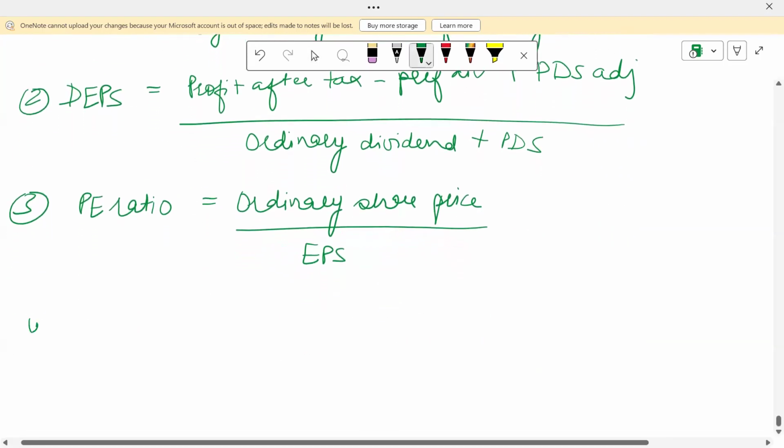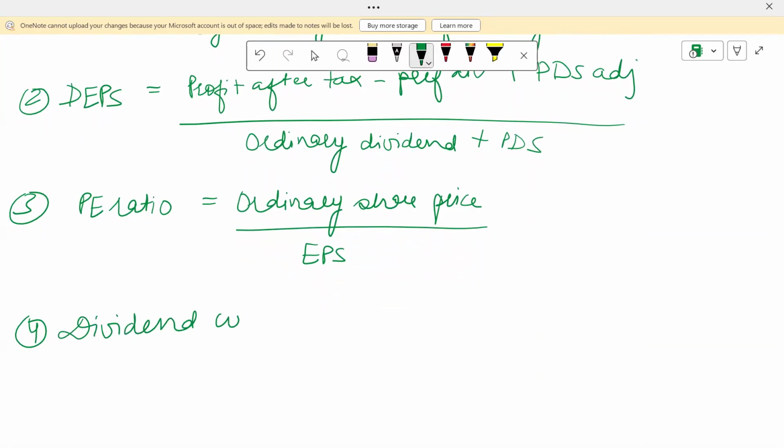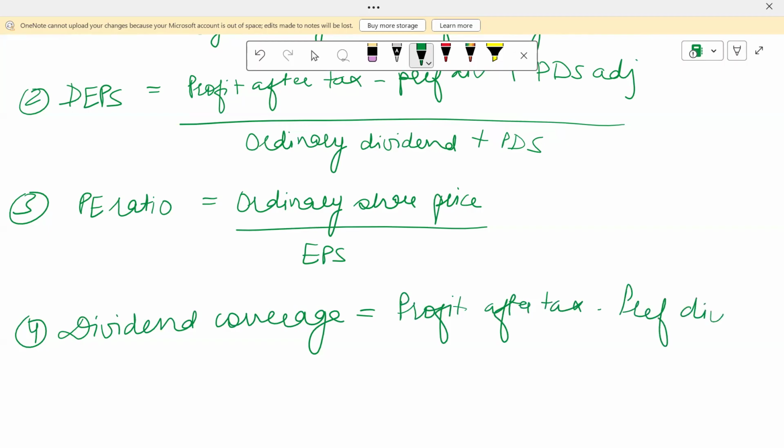And there are more investor ratios. Number four is dividend coverage. Again, how many times will the company be able to pay dividends with the profits that it has? So profit after tax minus preference dividend divided by ordinary dividend.